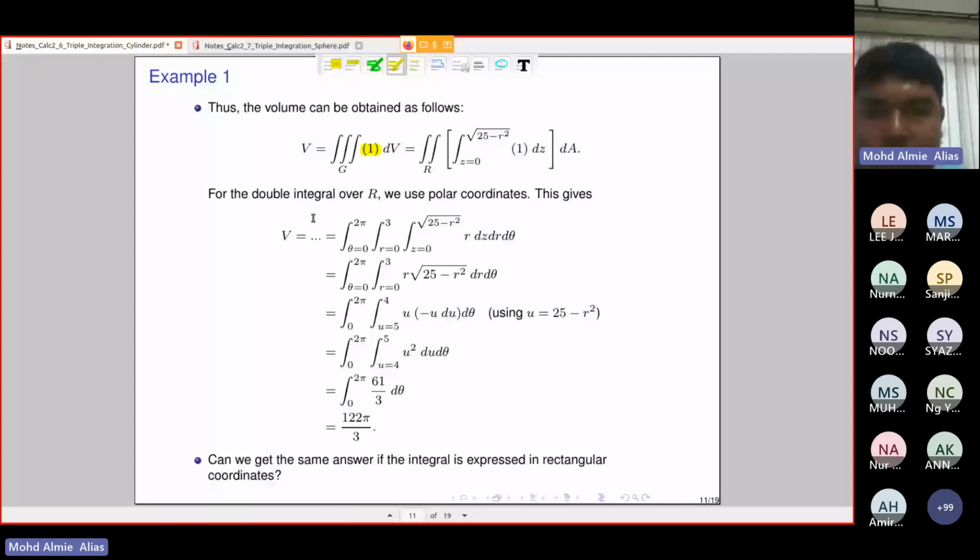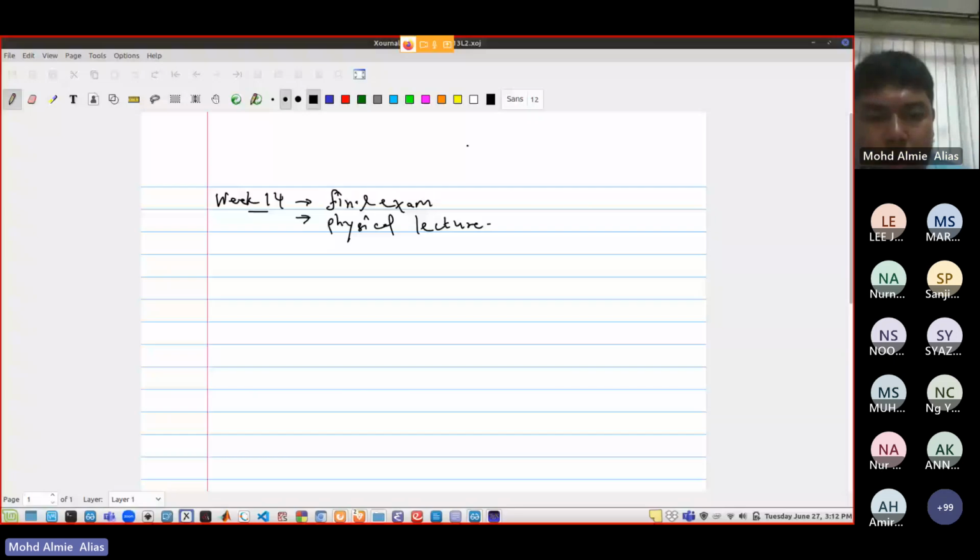Of course, because it is a triple integral, you can rewrite this and do it as a double integration. Let's say you have this.